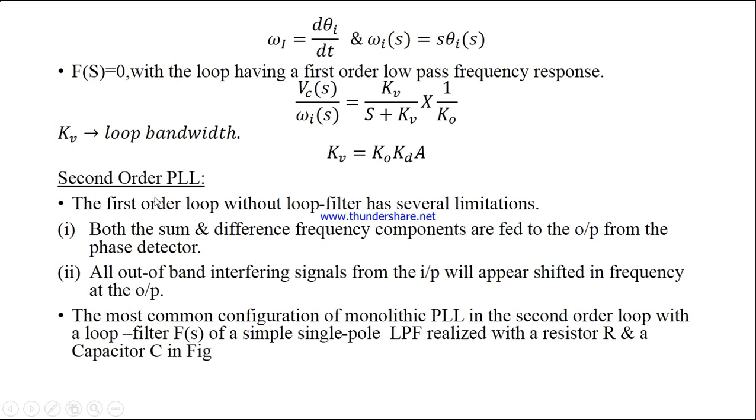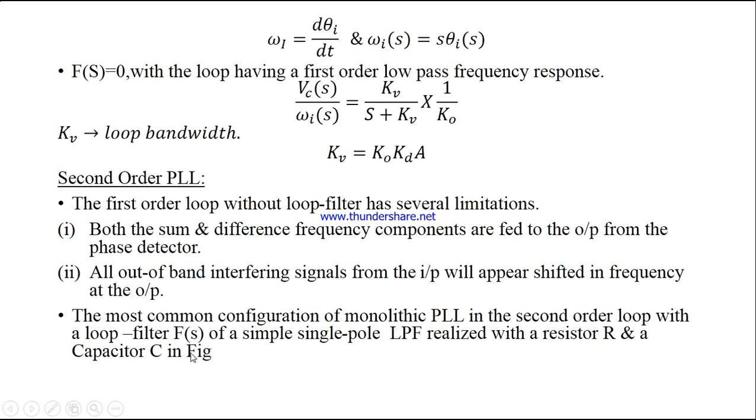The next one is the second order PLL. The first order PLL without the loop filter has several limitations. Both the sum and difference frequency components are fed into the output from the phase detector. Also, all out of band interfering signals from the input will appear shifted in frequency at the output.